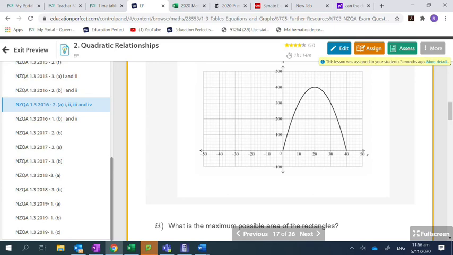The highest point. And it's always the vertex, the y value of the vertex. So how high does this go? 400. So the maximum area is 400.